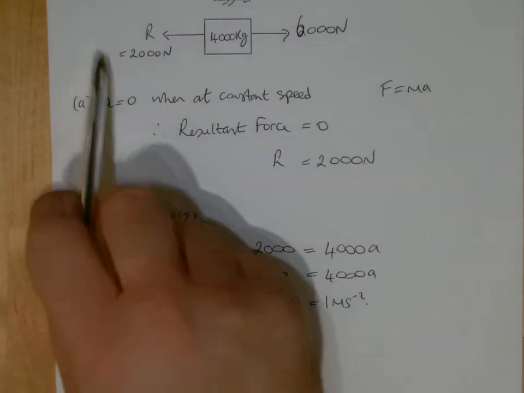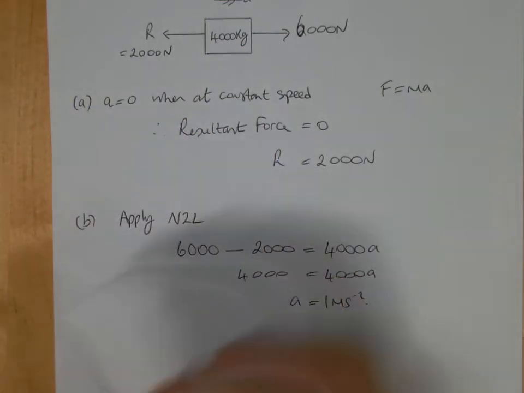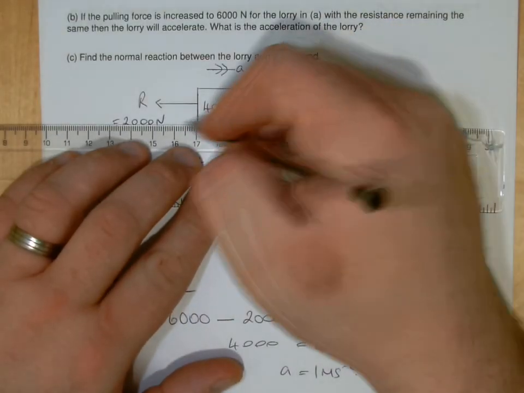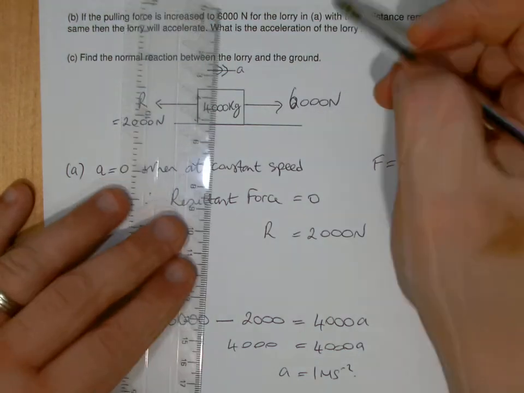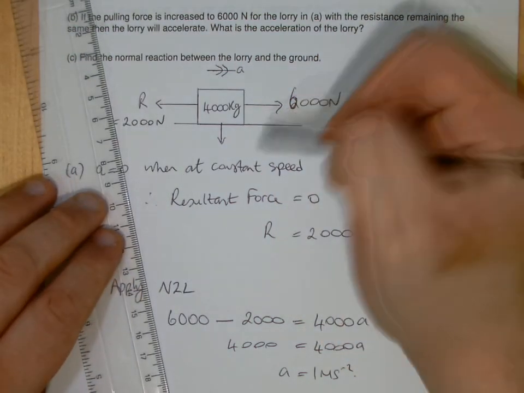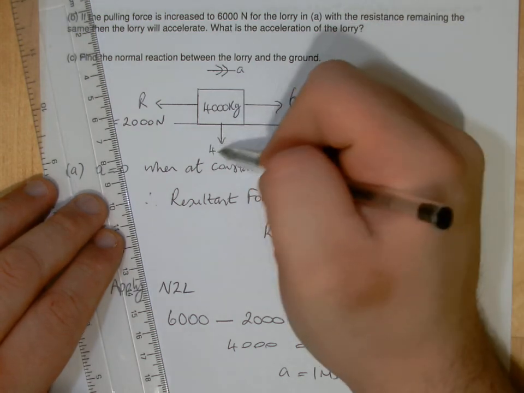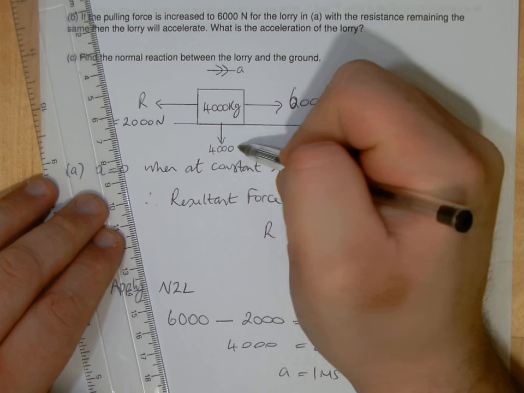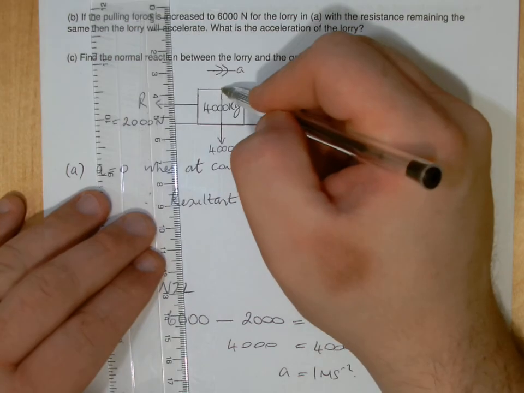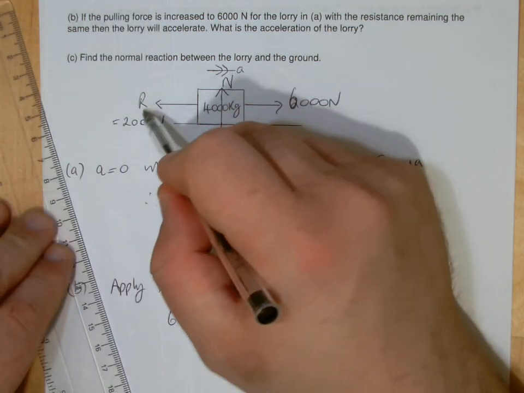Okay. And then it says in C, find the normal reaction between the lorry and the ground. Well, here's the ground, yeah. And if it has forces going vertically, then we can see it's obviously going downwards would be the weight, which would be the mass, which is 4,000 times gravity, g, and of course then the reaction will be going upwards. We'll call that N, not to confuse with the resistance there.